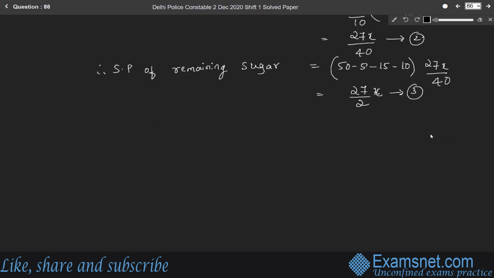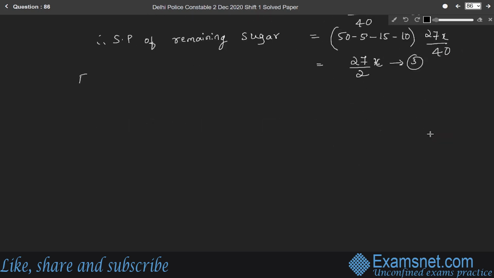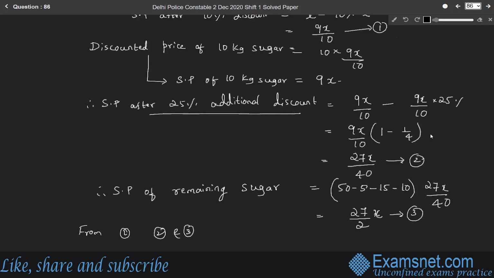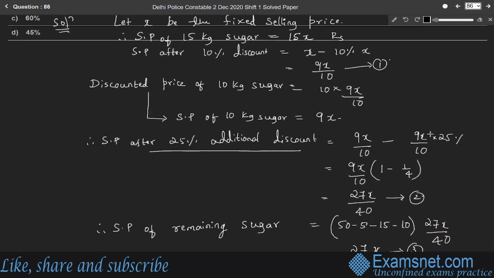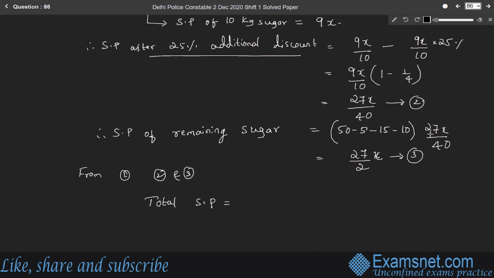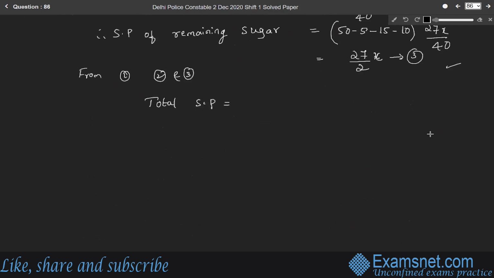So 27 by 2 into x is the selling price of the remaining sugar. Therefore, from 1, 2 and 3, total selling price. So what is total selling price here? Right?